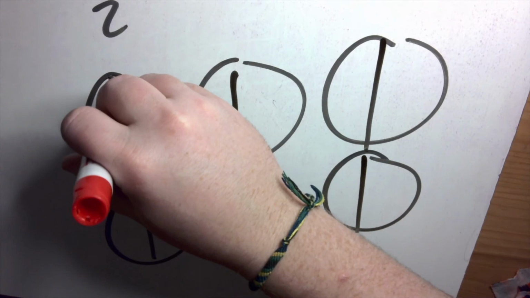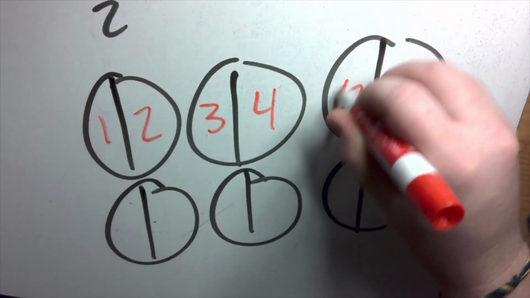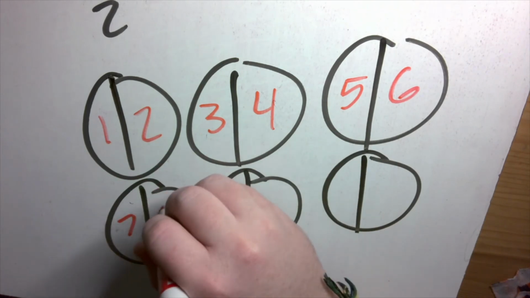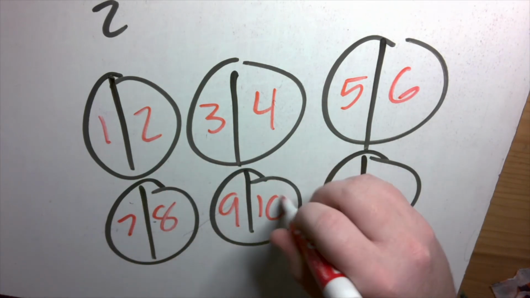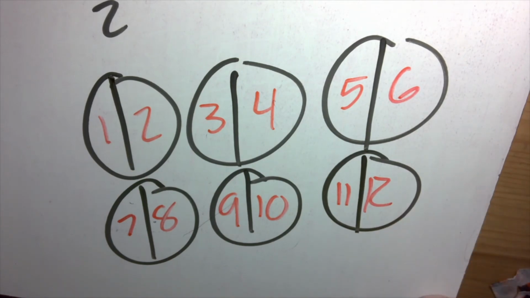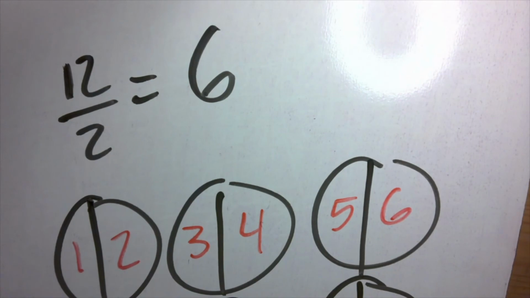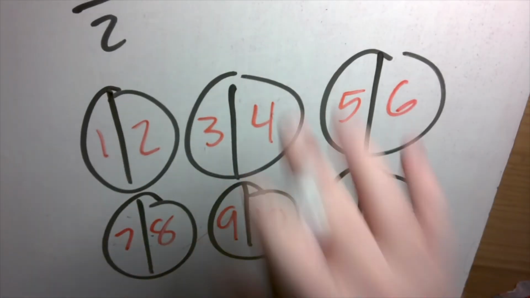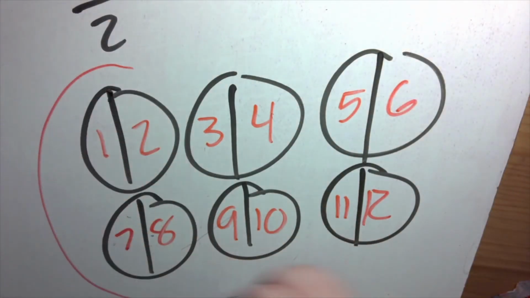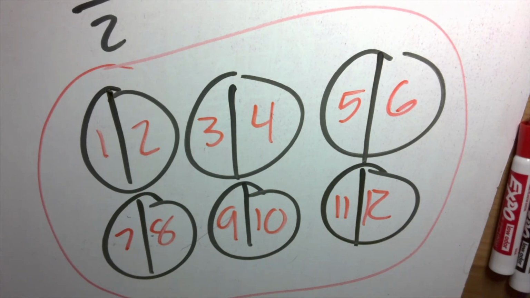We have 1, 2, 3, 4, 5, 6, 7, 8, 9, 10, 11, 12 half-size pieces. 12 halves does equal 6, because if I were to shade all of this in, I would have 6 whole circles. So just like that, 12 halves does in fact equal 6. You can always draw a picture to double check your answers.